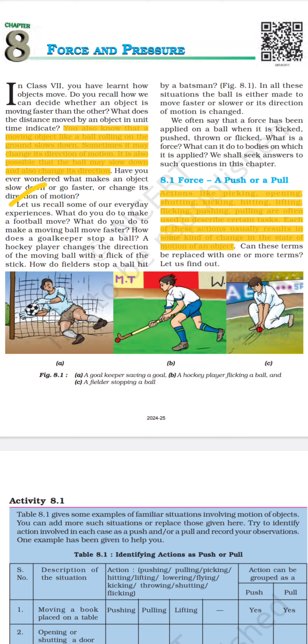A hockey player changes the direction of the moving ball with a flick of the stick. How do fielders stop a ball hit by a batsman? Figure 8.1. In all these situations, the ball is either made to move faster or slower, or its direction of motion is changed.